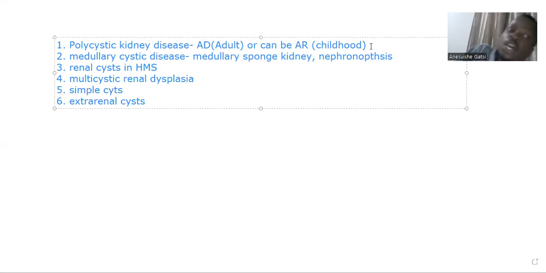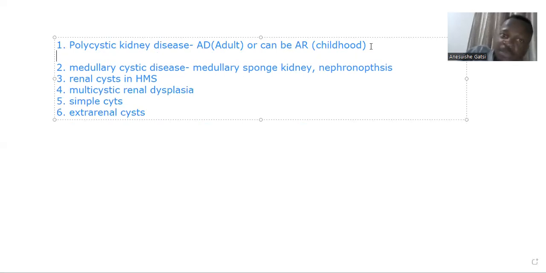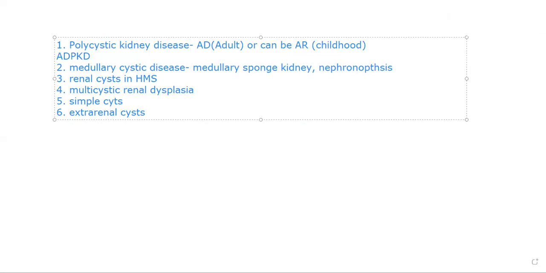So for polycystic kidney disease, remember I said we have autosomal dominant polycystic kidney disease. This one is the adult form, and it's a hereditary disorder which is associated with multiple cysts that are affecting the kidney parenchyma, and it has that inherited pattern that is autosomal dominant.